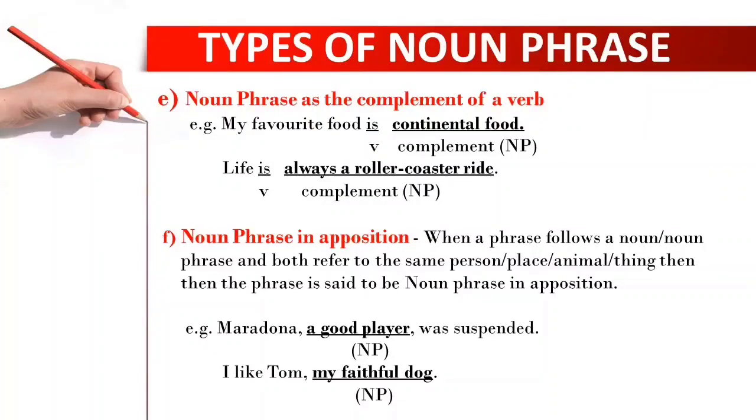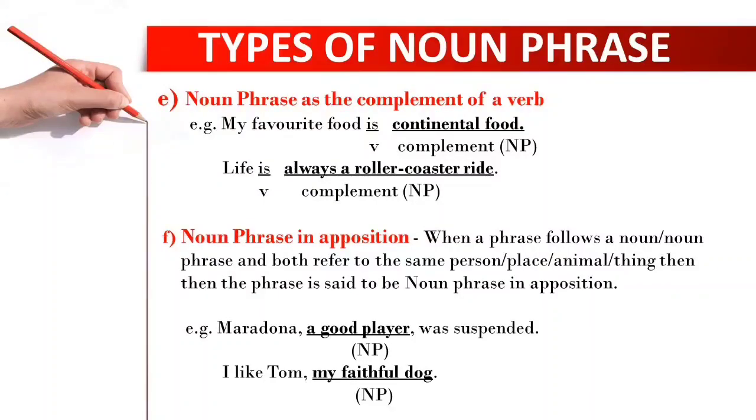Here, the words continental food give us more information about the favorite food. So, continental food is noun phrase and it acts as the complement of the verb is.